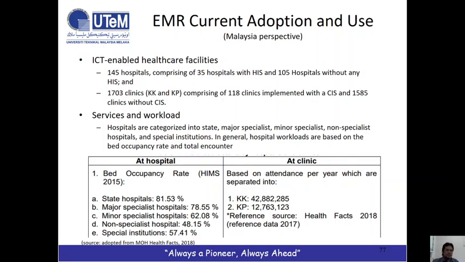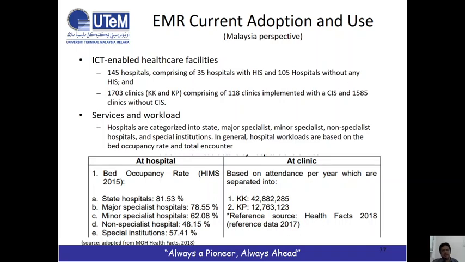When we look at the numbers, more or less we have 145 hospitals, comprising 35 hospitals with HIS and 105 hospitals without any HIS. Without HIS means without EMR, without an EMR system.